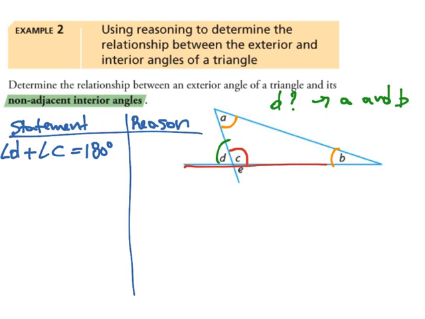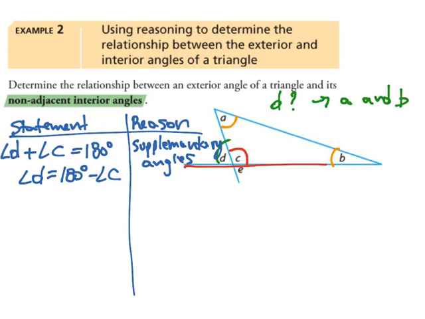They're supplementary angles. And now I'm going to rearrange and solve for D. Angle D is 180 minus angle C. I'm just going to underline this equation.